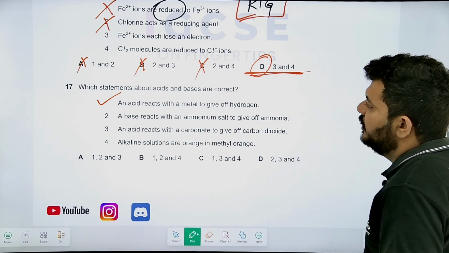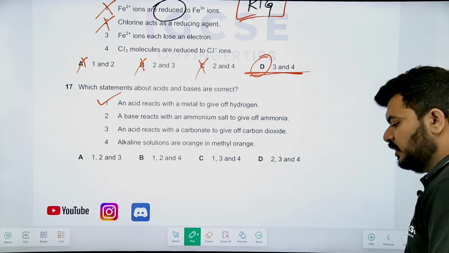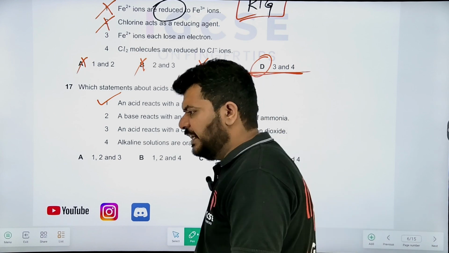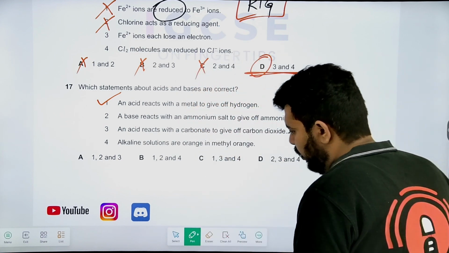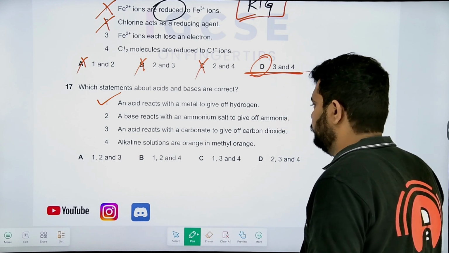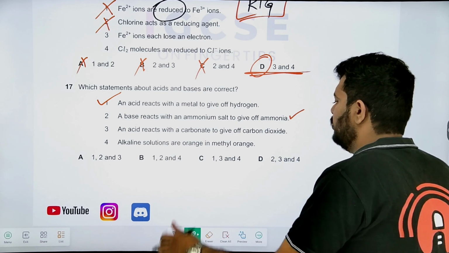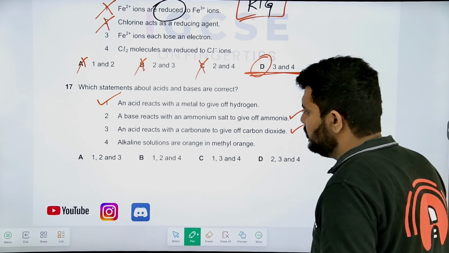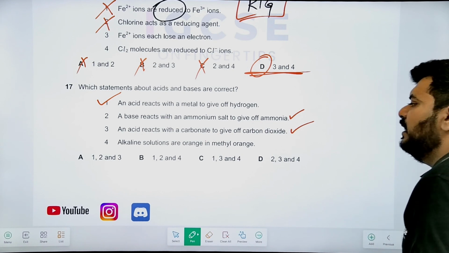A base reacts with an ammonium salt to give off ammonia. Okay, so we have ammonium chloride, let's say, and sodium hydroxide will give ammonia, water, and sodium chloride. I think this is also correct. An acid reacts with a carbonate to give off carbon dioxide. It does. Alkaline solutions are orange in methyl orange.